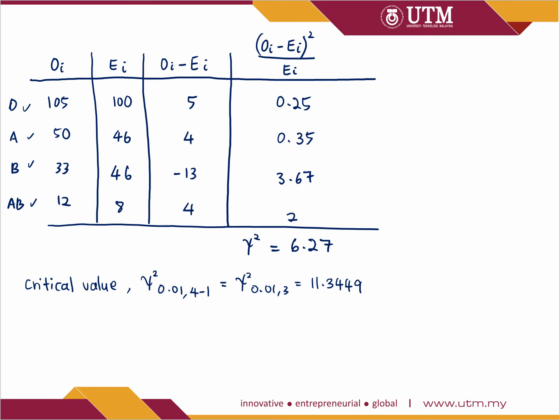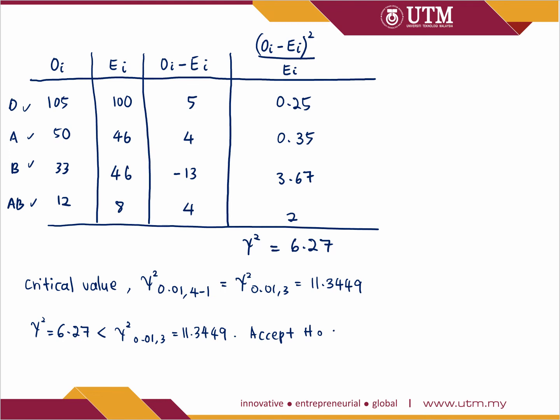And here we have the value of chi-square, which is equal to 6.27. This is less than the critical value, which means that we accept H0.